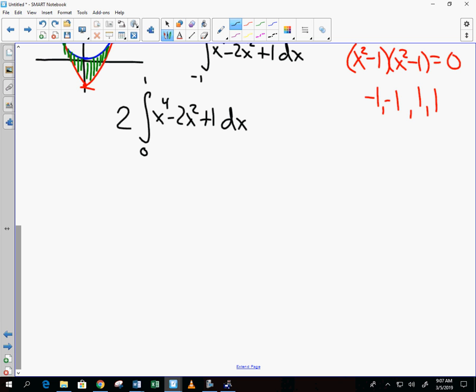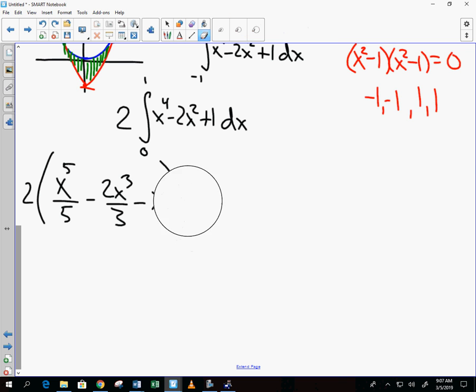So here we go. x to the 5th over 5 minus 2x cubed over 3 plus x.